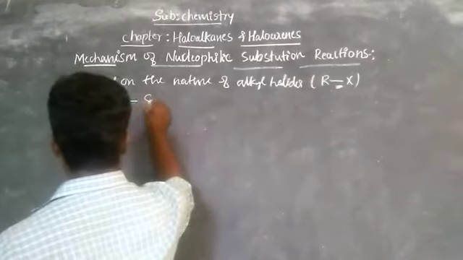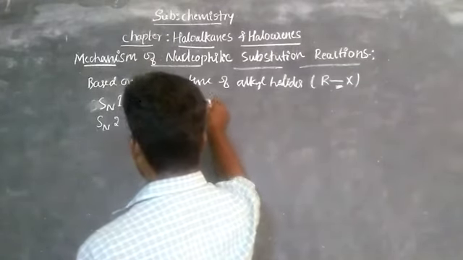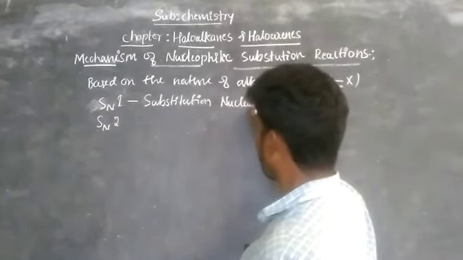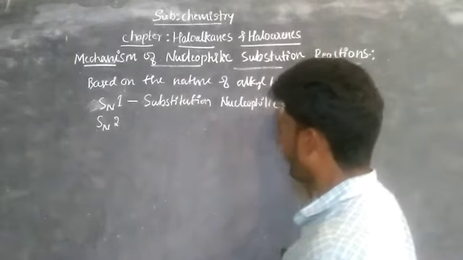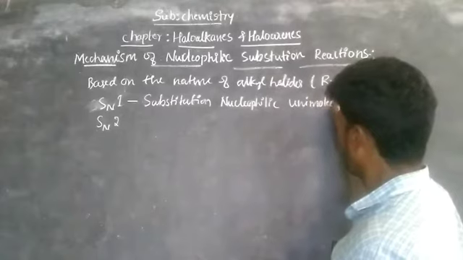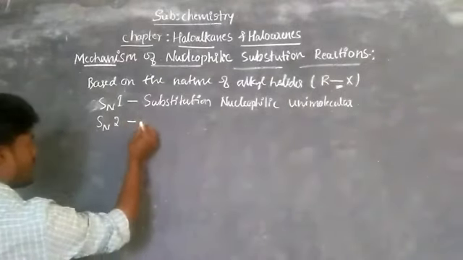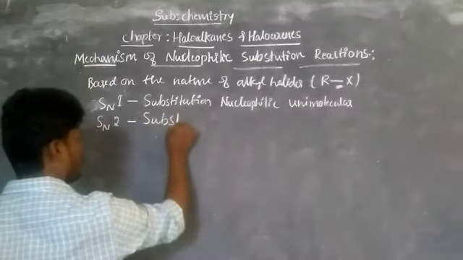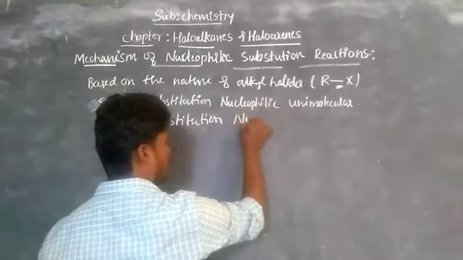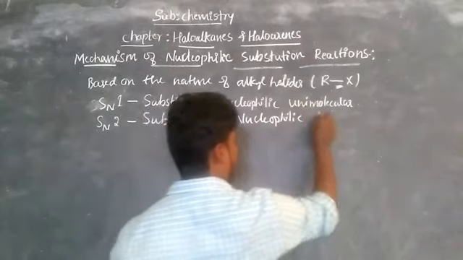That is, SN1 means substitution nucleophilic unimolecular. Similarly, SN2 means substitution nucleophilic bimolecular.